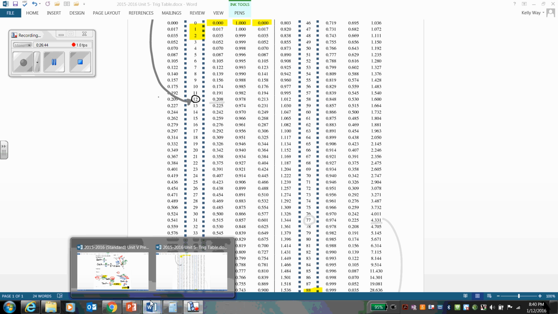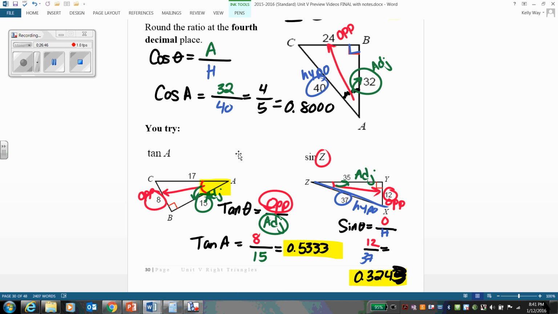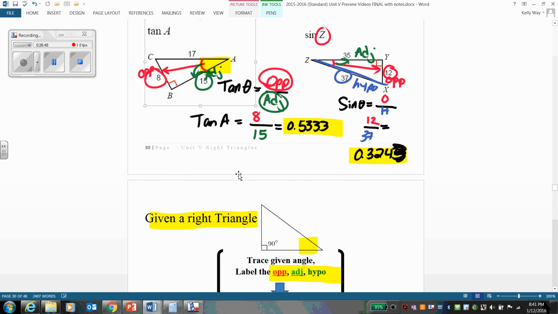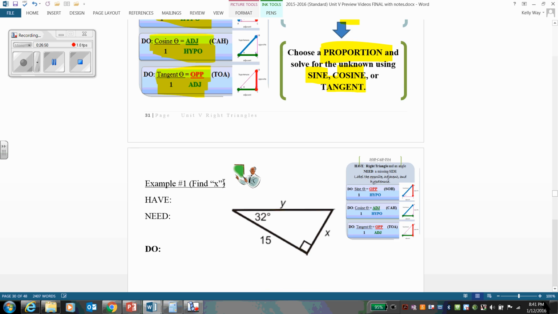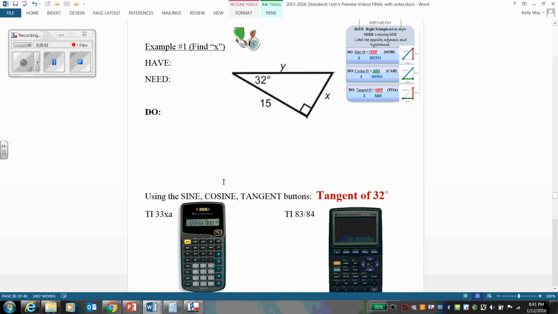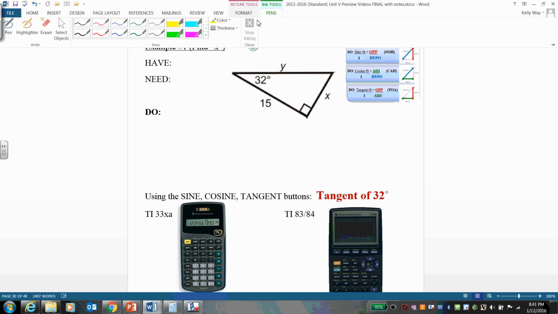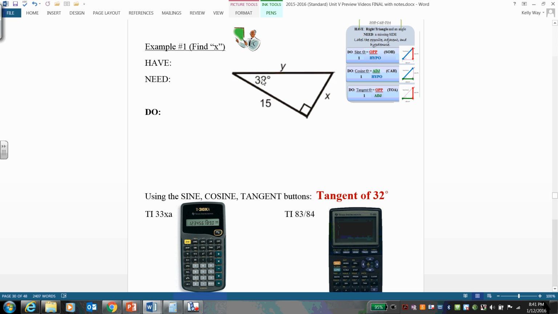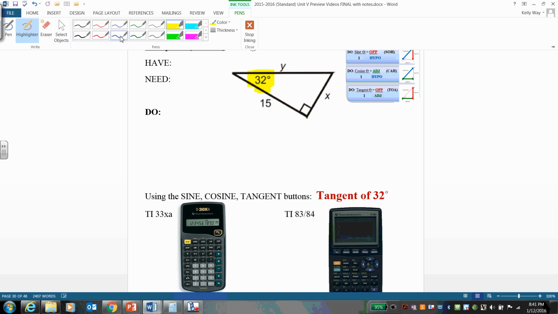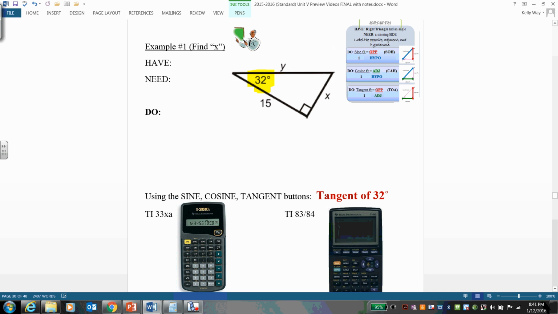So taking a look here, I'm going to show you how to find those stored ratios in your calculator. So right here, step 1, we're going to sweep our theta. We're working with 32 degrees. Now label opposite, adjacent, and hypo.